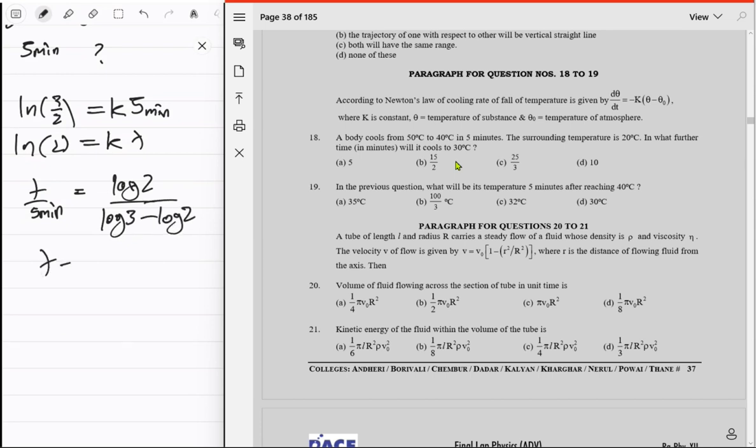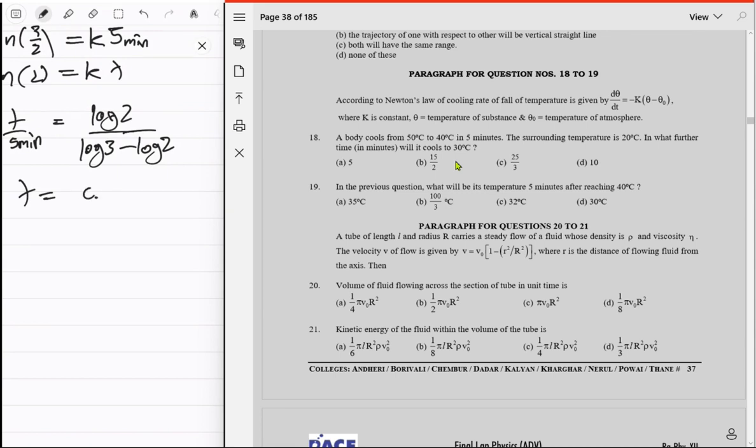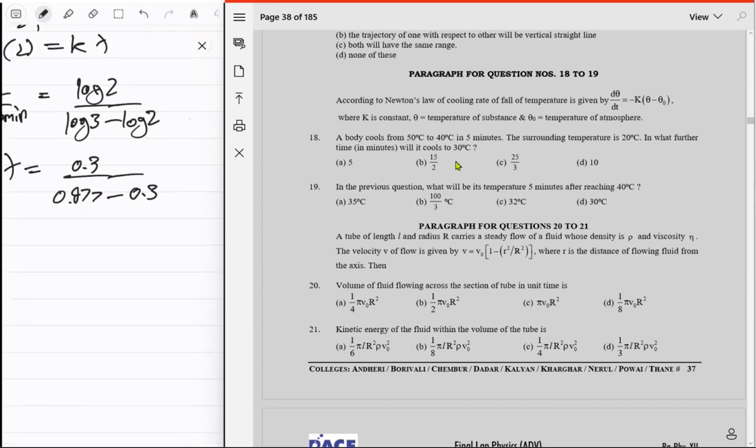So t is 5 minutes times this thing, which is approximately 0.3 upon, what will this be? 0.477. Okay, 0.478, approximate it, who cares, 0.477 is good enough, minus 0.3 once again, times 5 minutes.